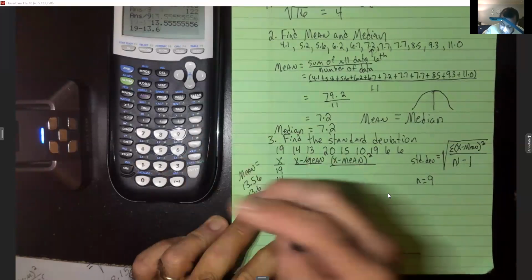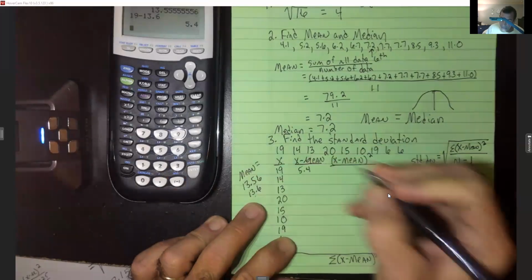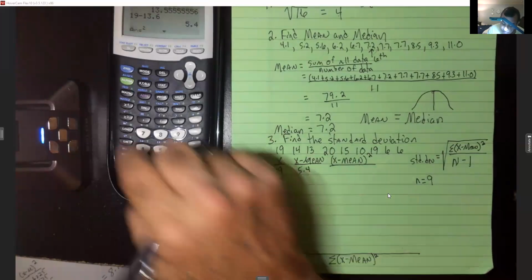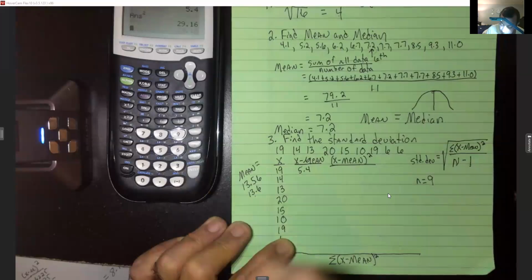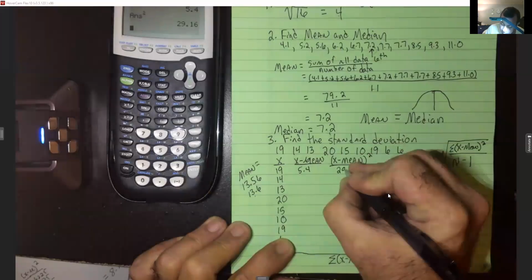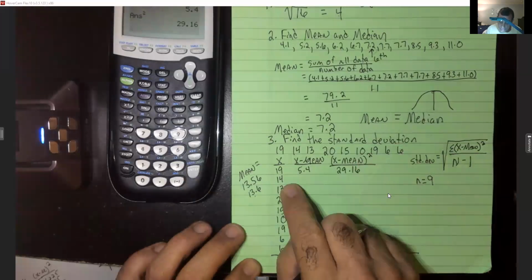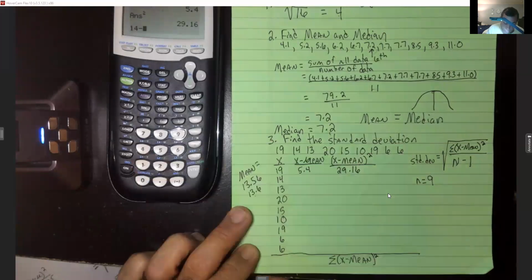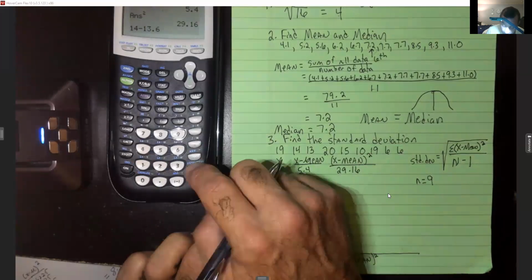So that's going to give me 5.4 for this row. Now, if I square the 5.4, that's going to equal 29.16. Okay, so now I'll take the next one, 14 minus my mean, which is 13.6. That's going to equal 0.4.